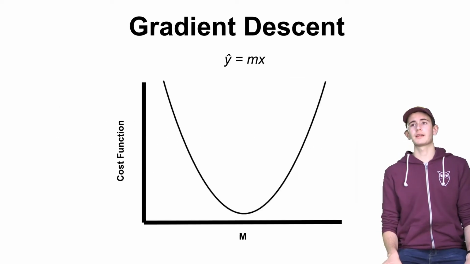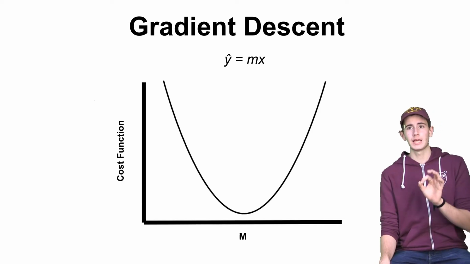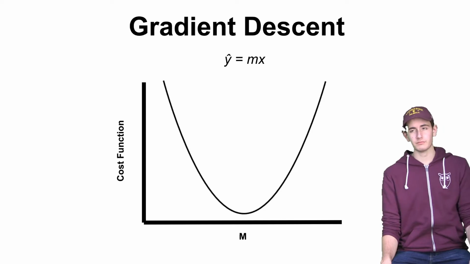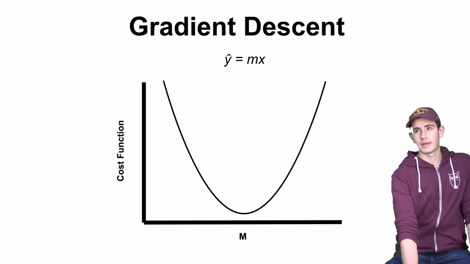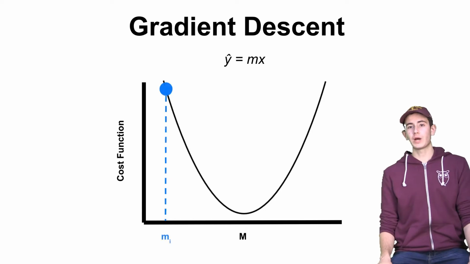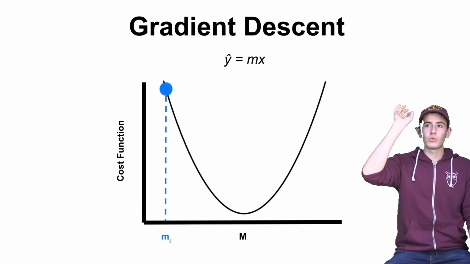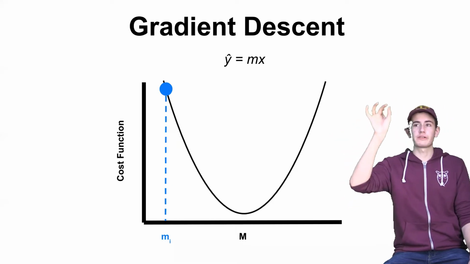So again, let's go back to that two-dimensional example where we only have some coefficient M and our cost. So we start at some M initial, right? We're trying to get to that lowest point in the graph. We don't know where it is, but we need to try to find it.